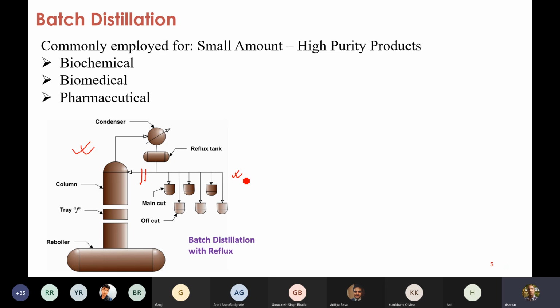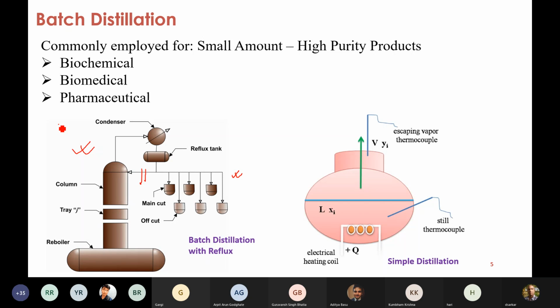And if you have, say, three components, a multi-component mixture A, B, and C, the first cut, that means the first portions of vapor that come out and you condense, will be quite rich in A, but definitely some amount of B and C will be there. Then the middle cut will predominantly be B, but will also be associated with A and C, and so on and so forth, right? Now you can also perform this batch distillation in a simple kettle like this.